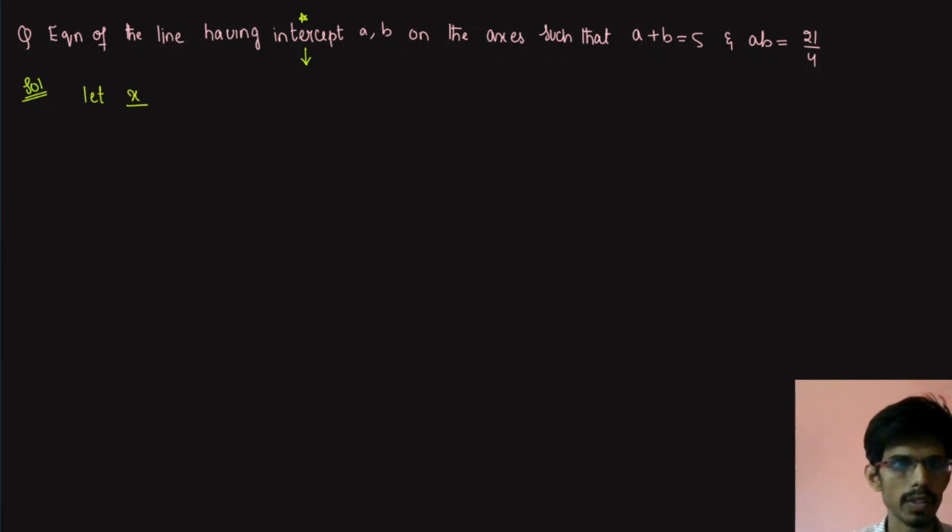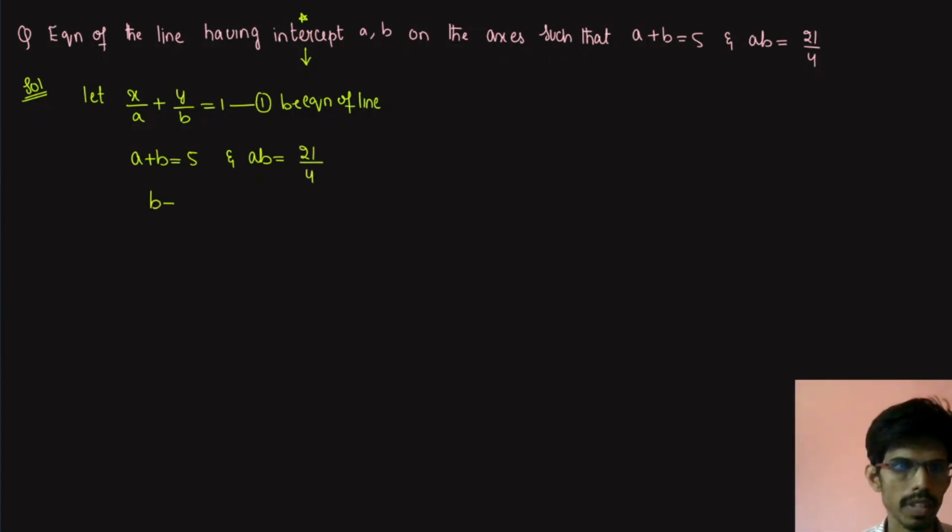Let x by a plus y by b is equal to 1 be the equation of the line such that a plus b is given as 5 and ab is given as 21 by 4.